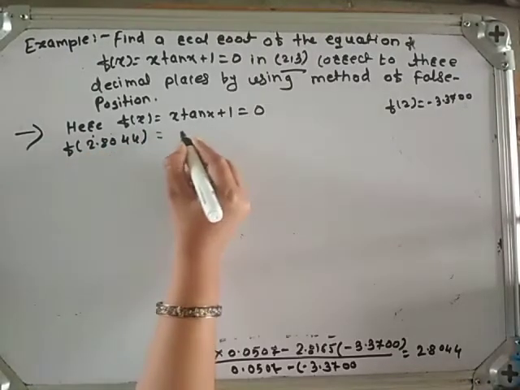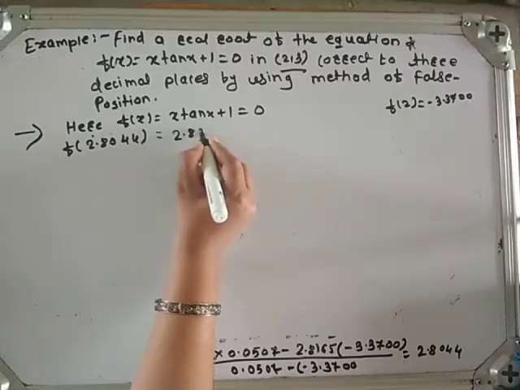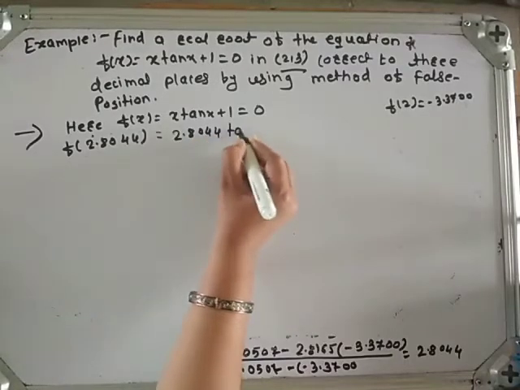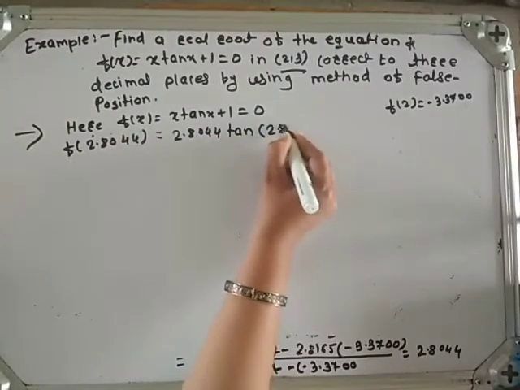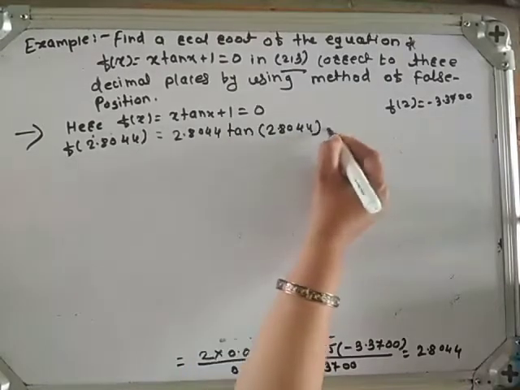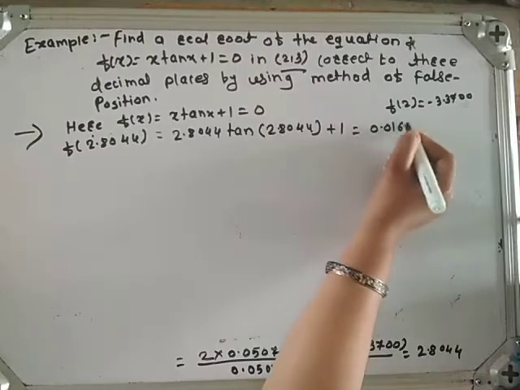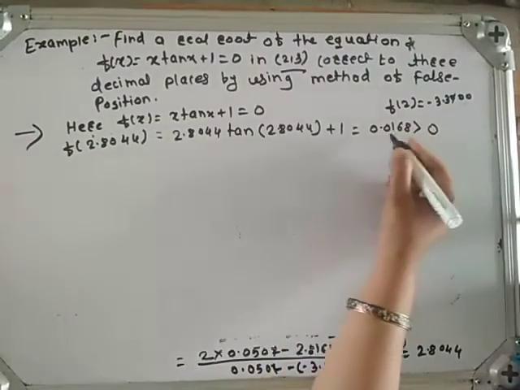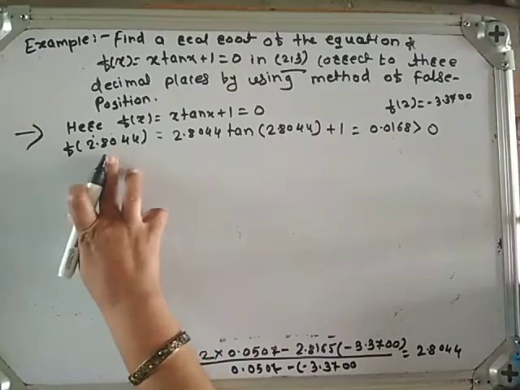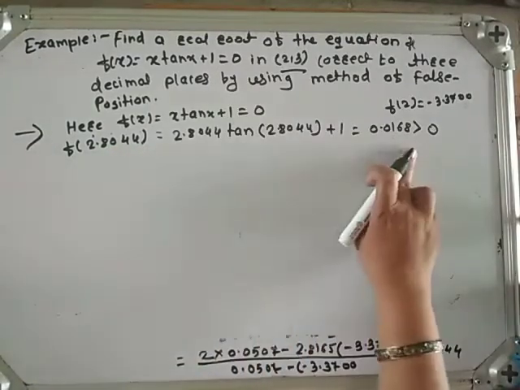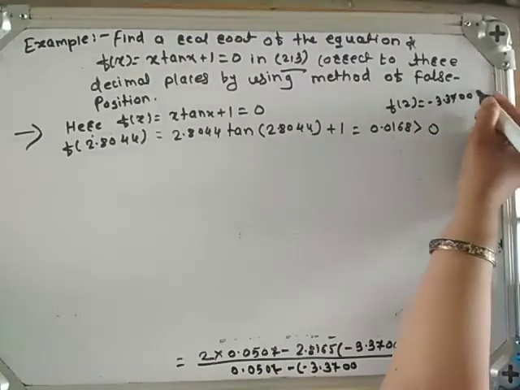Now calculate f of 2.8044, which is equal to 2.8044 tan of 2.8044 plus 1, which is equal to 0.0168, which is greater than 0. Again, f of 2.8044 is greater than 0 and f of 2 is less than 0.